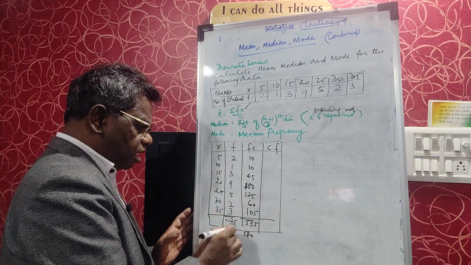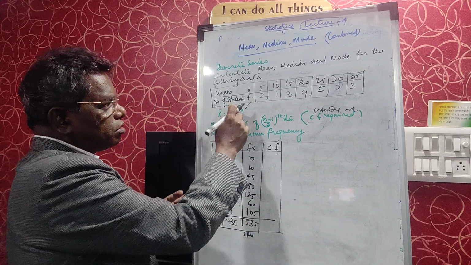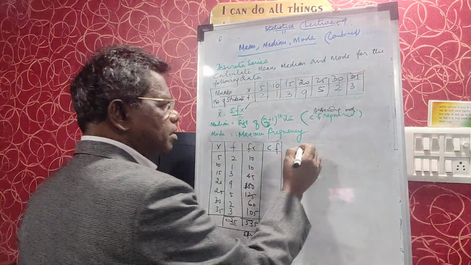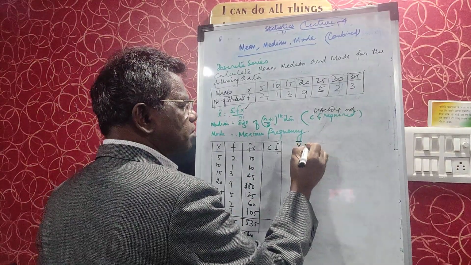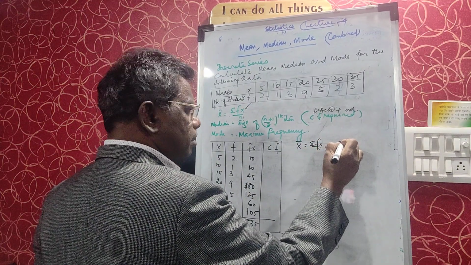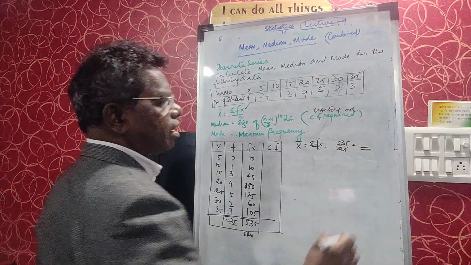So with this column, sigma fx we got and n also we got. So then we can solve the arithmetic mean. Arithmetic mean is equal to sigma fx upon n, that is 535 upon 25. Whatever value you are getting, that is your value.